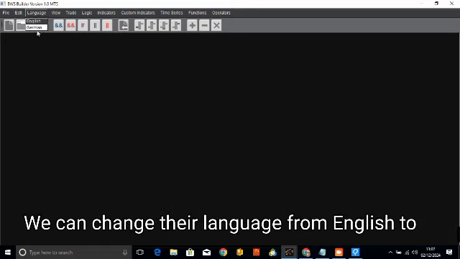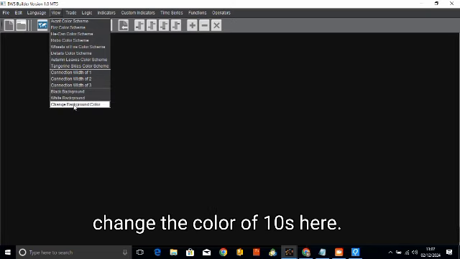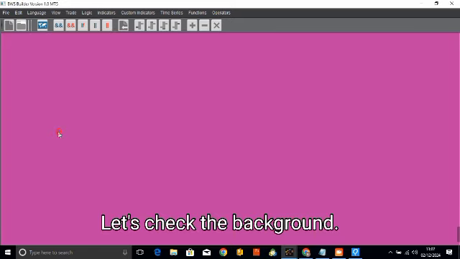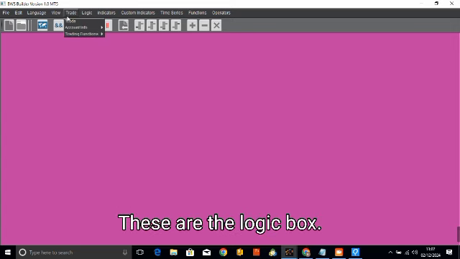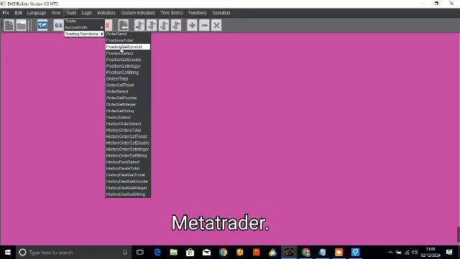We can change our language from English to German. The color, we can change the color of things here. Let's change the background. You can do all these things. Then trade. These are the logic boxes. Now you can do so many things with this for your MetaTrader.